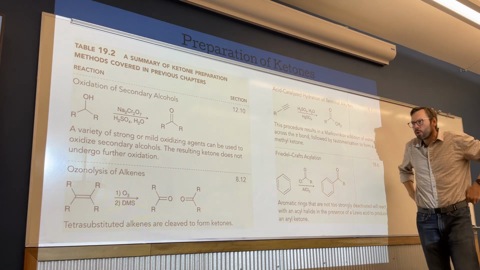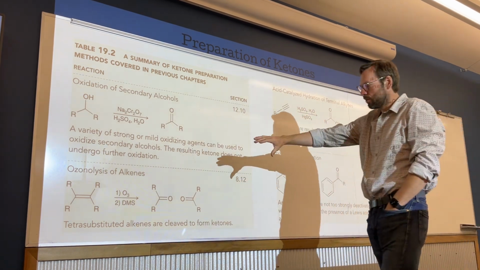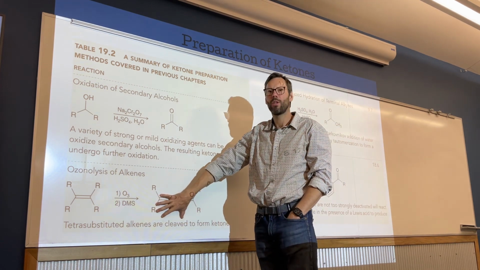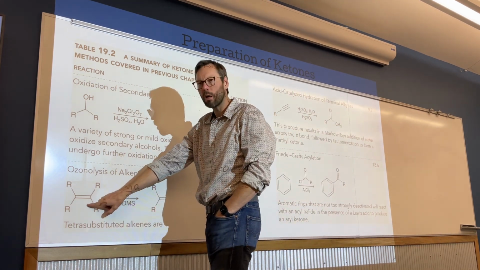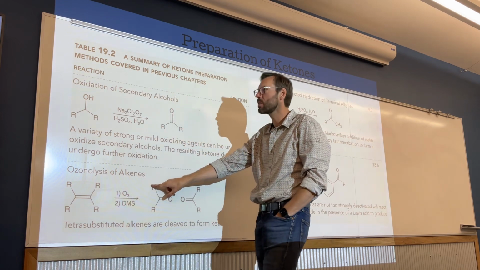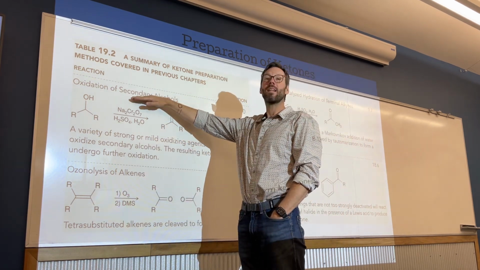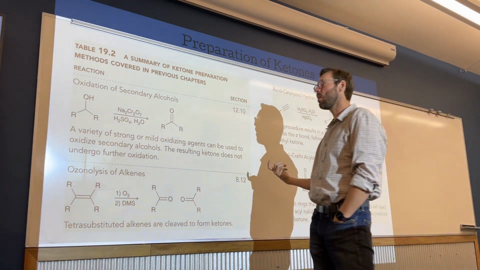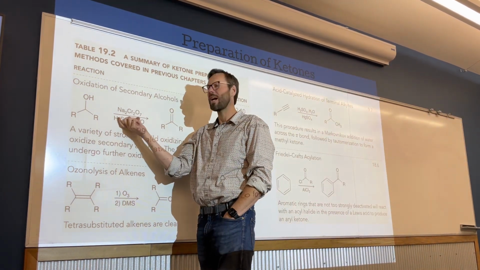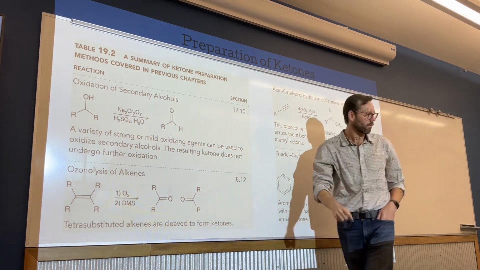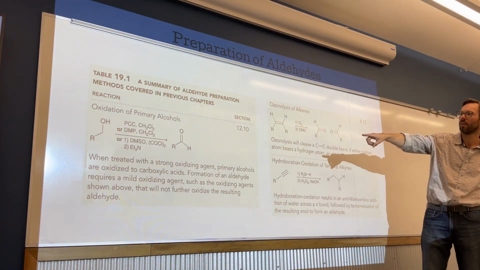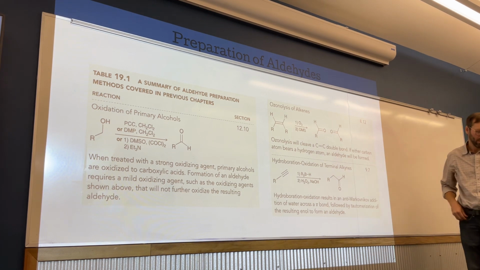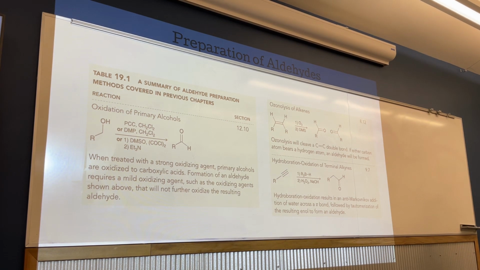Now, if we wanted to then make ketones, as you astutely predicted, we just switch our starting material and do an ozonolysis, or we take secondary alcohols, right? So primary alcohols for aldehyde, secondary alcohols, and we use sodium dichromate. Instead of going back here, we use that pyridinium chlorochromate, or, oh gosh, DMP.